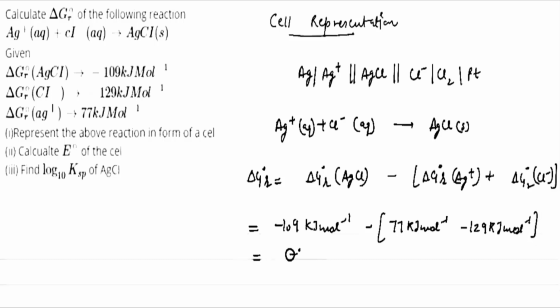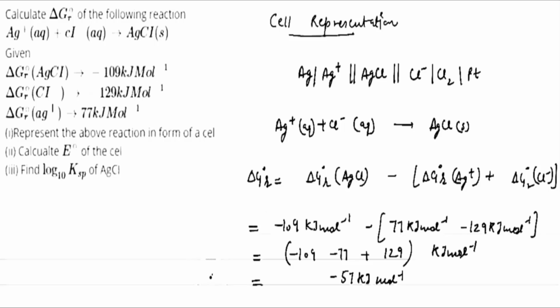So this gives us minus 109 minus 77 plus 129, and these values are all in kilojoule per mole. This gives us minus 57 kilojoule per mole.